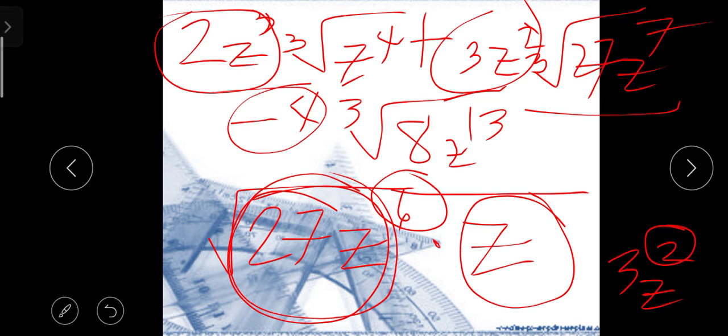Bakit naging squared na lang yung 6? Kasi po, hinati-hati natin siya sa 3. So, ibig sabihin, ito po ay i-divide din natin siya sa 3. Okay? Kasi meron tayong tatlong 3z squared. 3z squared multiply by 3z squared multiply by 3z squared.